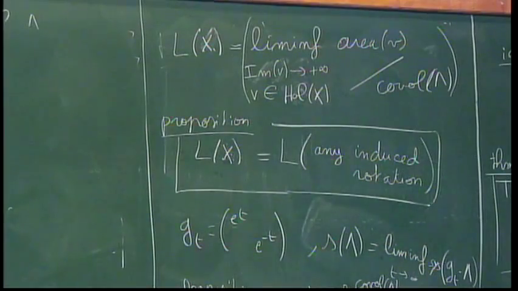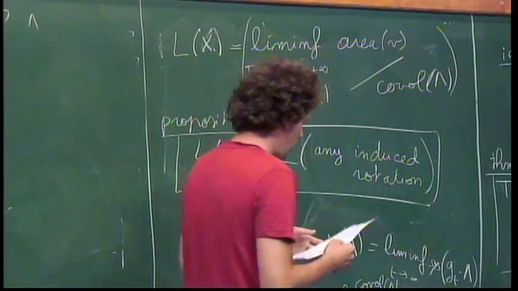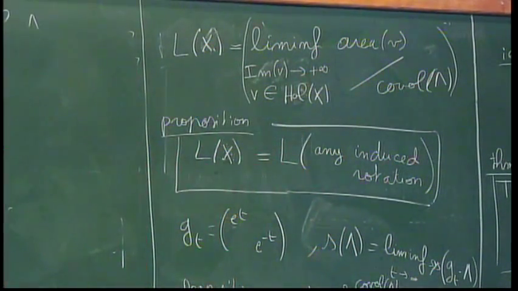So now I can state the theorem, which is the reformulation of the Lagrange spectrum. And actually, I will state a more precise version. You will see why. It's part 3.